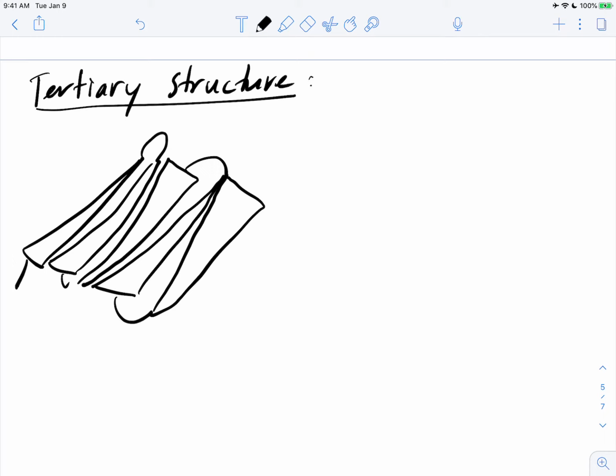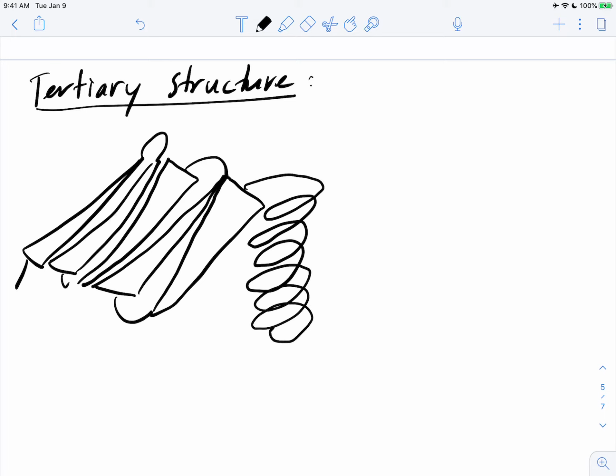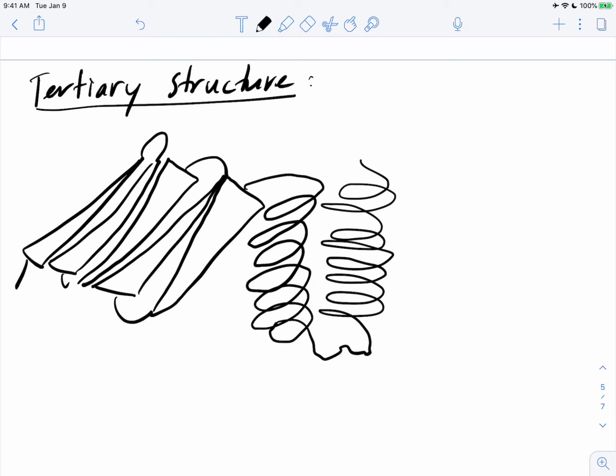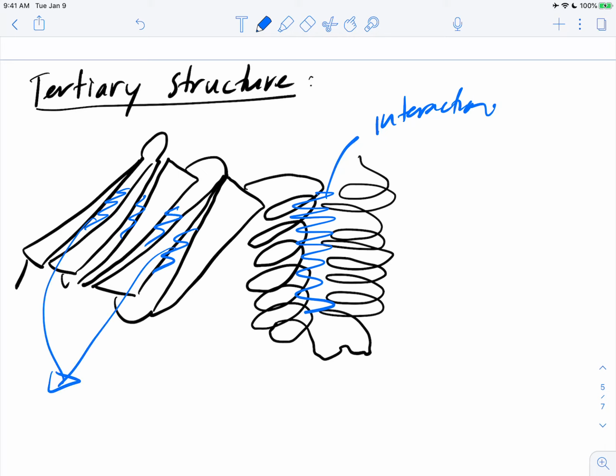And then that structure can then be linked to an alpha helix. That can then have a floppy end and then loop back around. And then you can have some unstructured. And so you'll notice that between alpha helix, we can have interactions. And between the beta pleated sheets, we can also see these interactions.